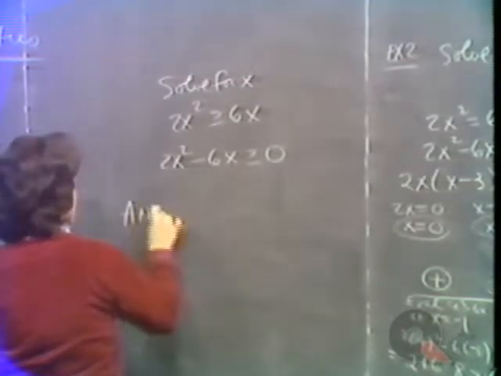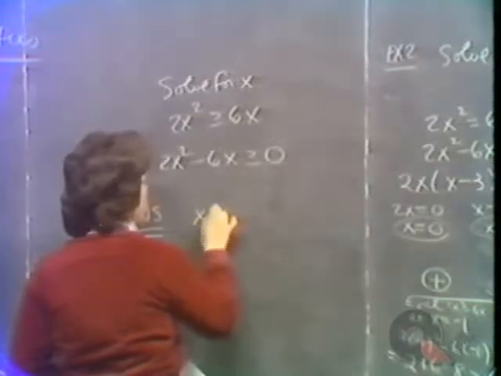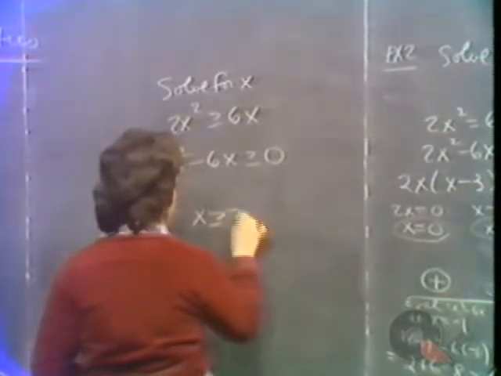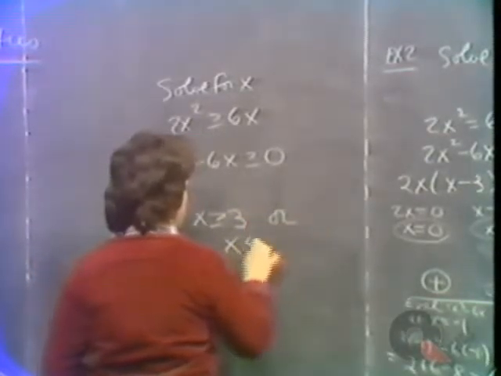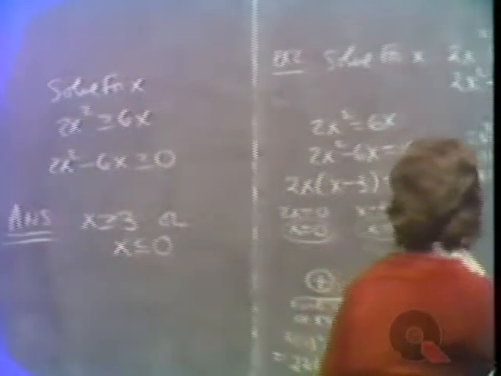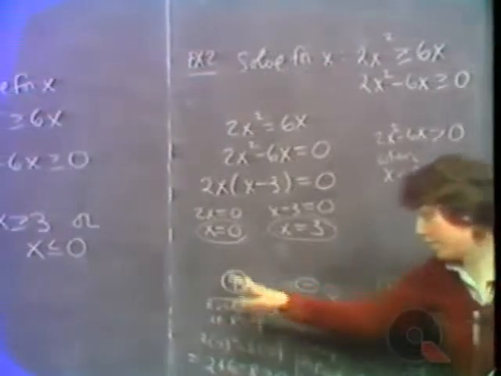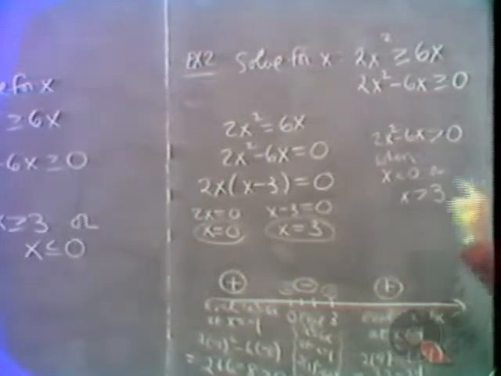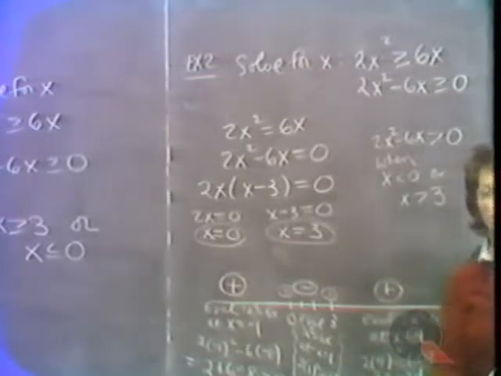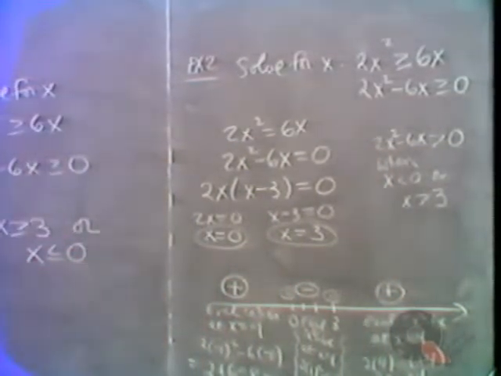Okay, so your answer is all x greater than or equal to 3, or less than or equal to 0. We took the region where it was positive, that is less than 0 or greater than 3, and added on the values where it was actually equal to 0.